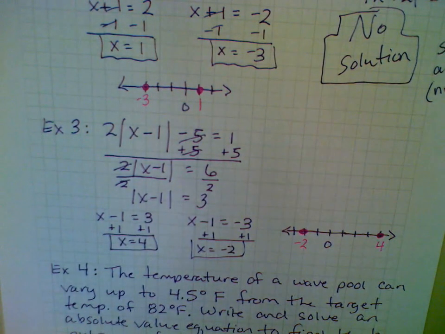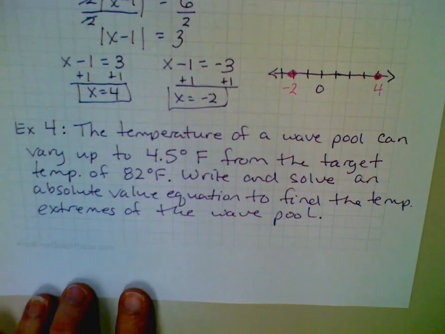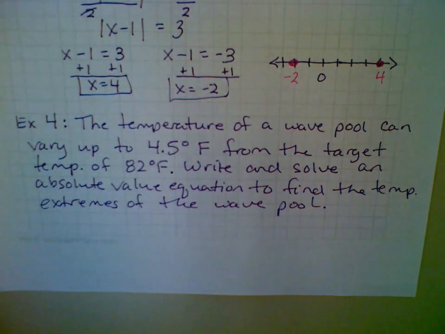Okay, now we're going to move on to the final example, which is a word problem, and I've already got it written out. So if you guys could copy that down quickly, I'll give you about 30 seconds.